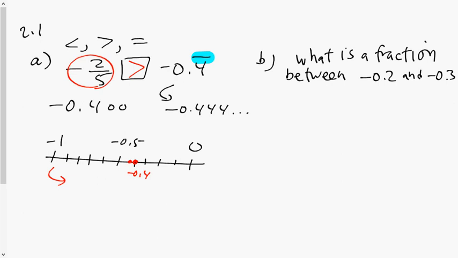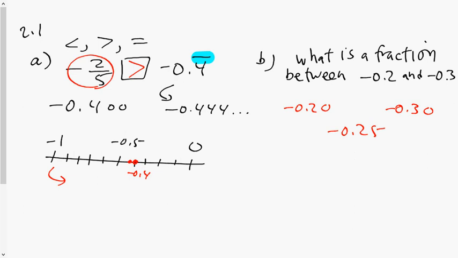Second question says, what fraction is between negative 0.2 and negative 0.3? Well, again, we're going to add an insignificant 0 here. And before we think of a fraction between there, we're going to think of a decimal between there. So a decimal that exists between those two would be negative 0.25.